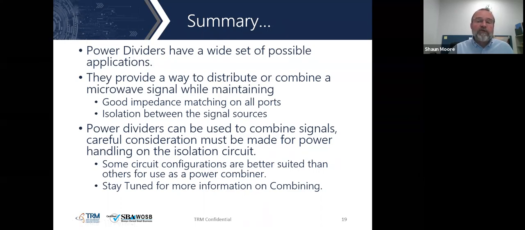However, the power rating is significantly degraded. A good example of that is the DMS series of power dividers, where we rate most of those at 30 watts input on the common port. As a power combiner, they're probably good for maybe a half a watt. So, there's a significant difference as far as what the power handling is if we're using that as a power combiner.